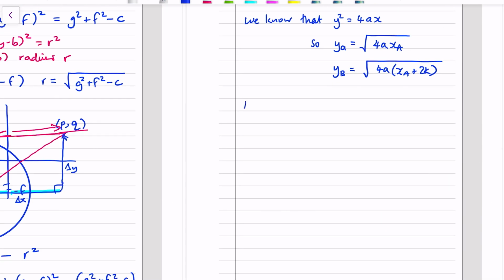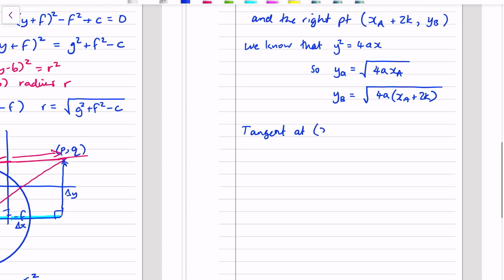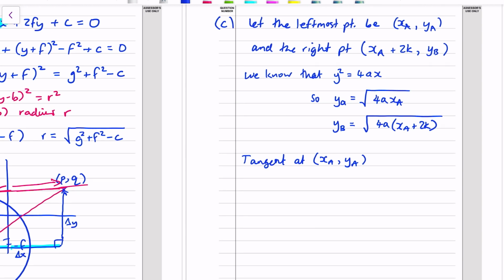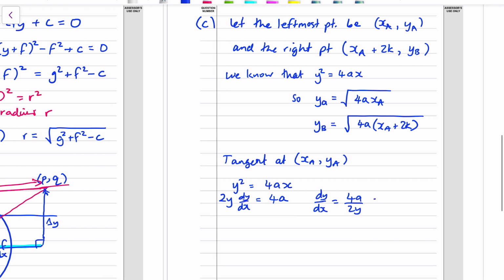So the tangent at xa, ya, I need to find its slope, so I'm going to use differentiation to find the gradient function of the parabola. y squared is equal to 4ax, 2y dy/dx equals 4a. It's implicit differentiation. dy/dx equals 4a over 2y, where y is a point on the parabola, so it equals 2a over y.